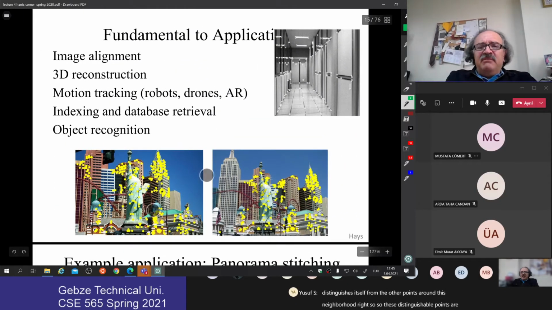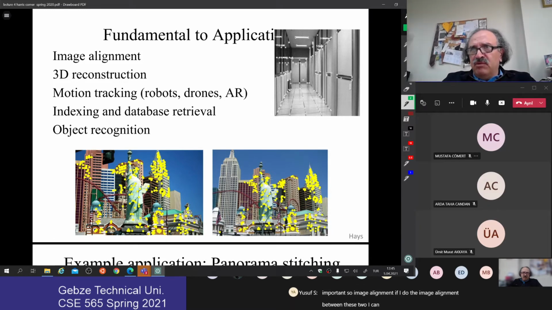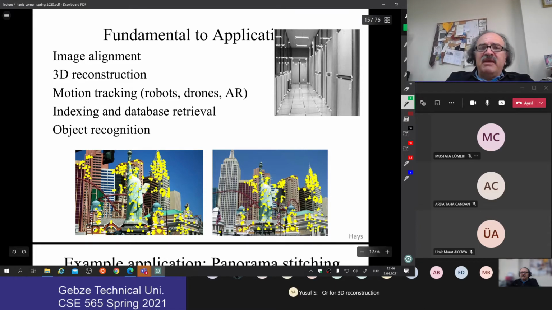So image alignment, if I do the image alignment between these two, I can maybe stitch them together, or maybe I can do stereo triangulation to estimate the depth of each point. Okay, so image alignment for stitching or for 3D reconstruction, or sometimes motion tracking. This is far away, right?